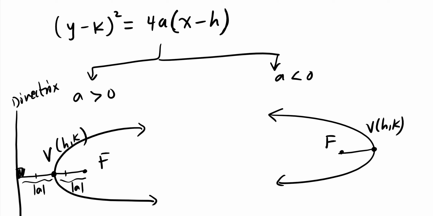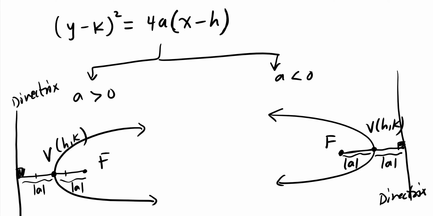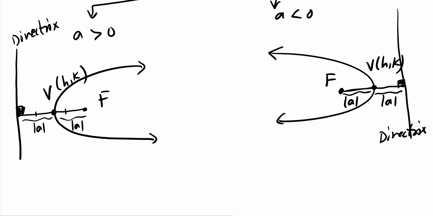If you move the same distance the other way, you get the directrix. Absolute value of A. Okay, so these are the next two cases, or the next big case, with two subcases.